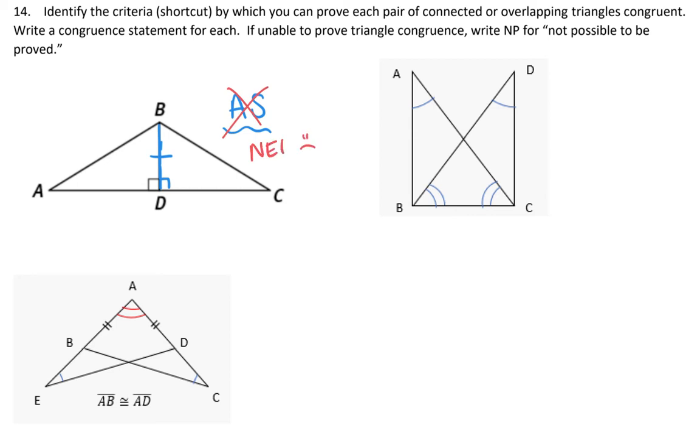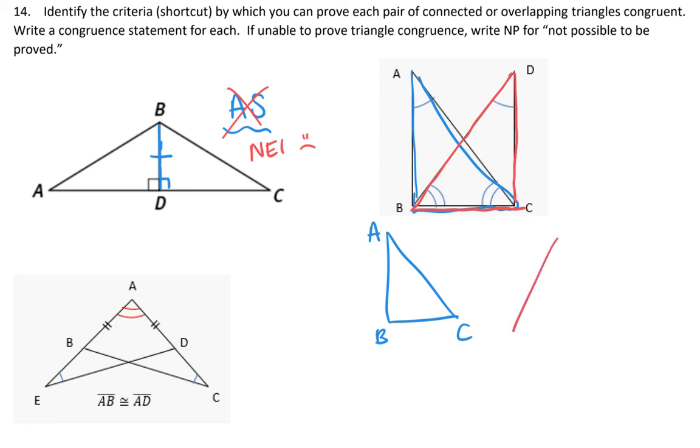All right, up next, I've got a couple triangles that overlap with each other. So what I'm going to do is redraw them. Redraw this guy. The blue one, we'll call it ABC. And we'll redraw this guy, and its name is DCB. All right, guys, and then we also have to draw in all the congruence marks.